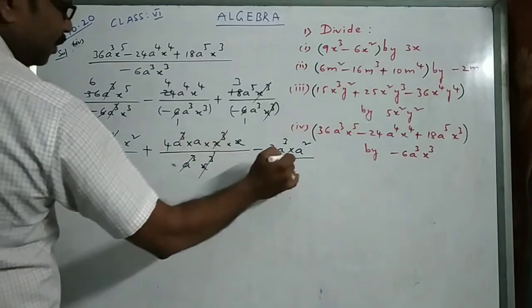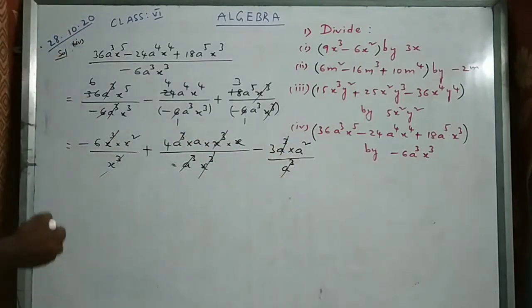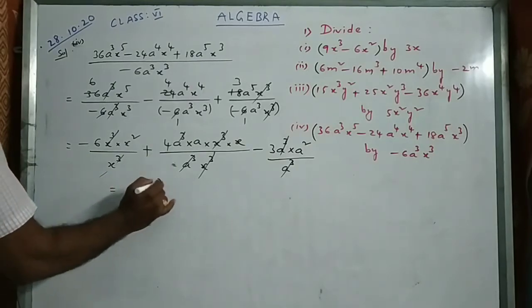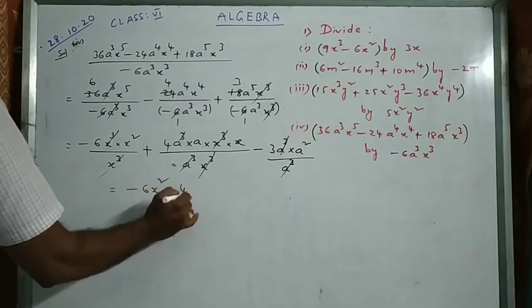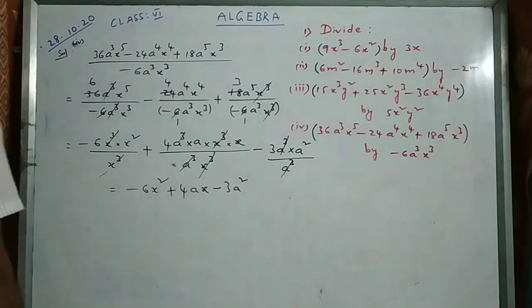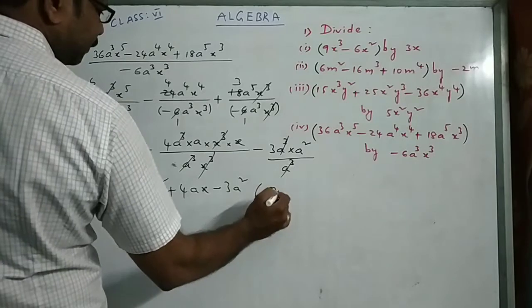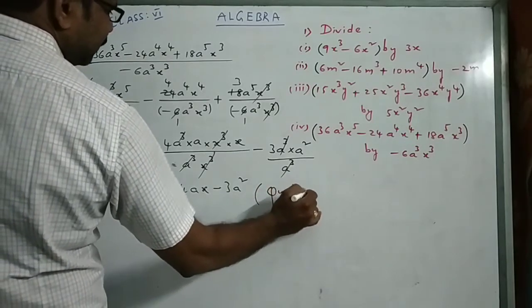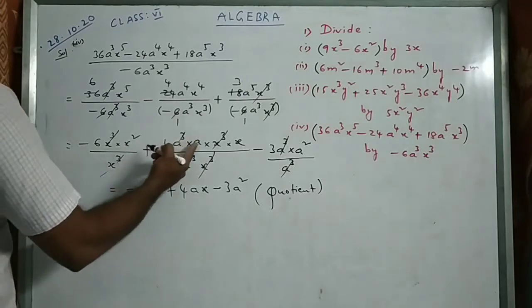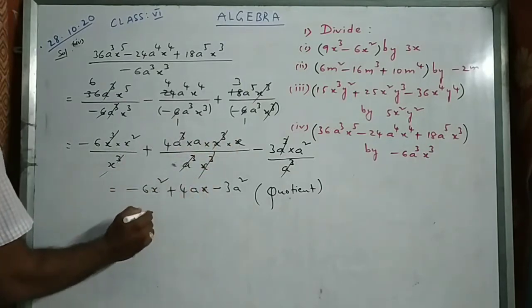Whatever is there in the denominator, you have to write. Minus 6x square plus 4ax minus 3a square. That is called quotient. Remaining terms I am writing here. Minus 6x square plus 4ax minus 3a square.